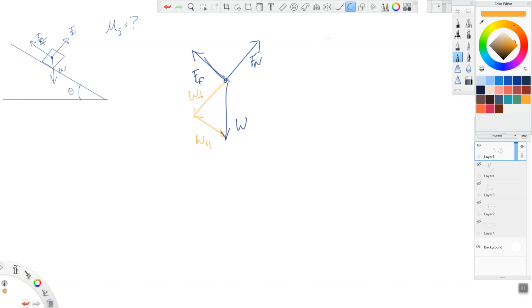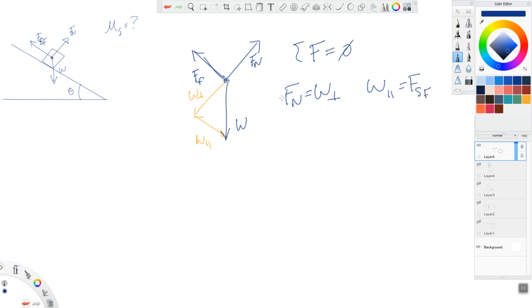For my equilibrium statements, if this system is not moving, that means the summation of all my forces is going to equal 0. That means normal force is equal to weight perpendicular, and weight parallel is equal to the static frictional force.